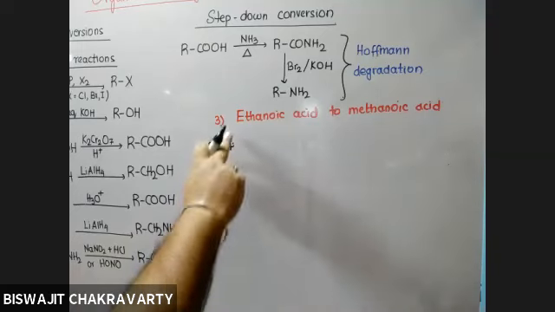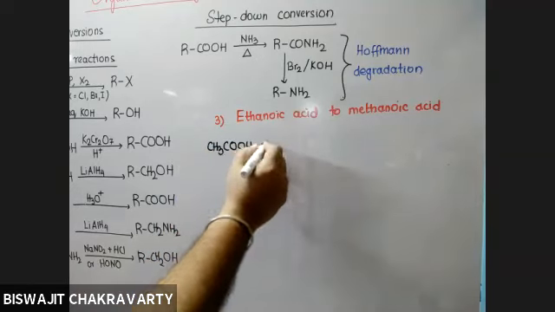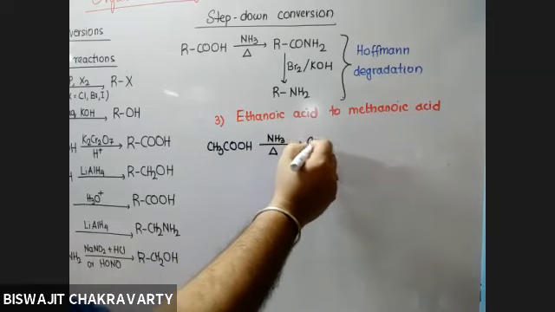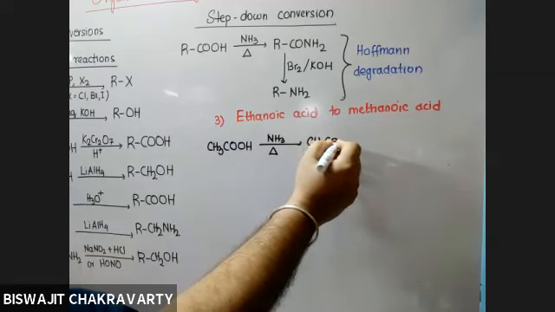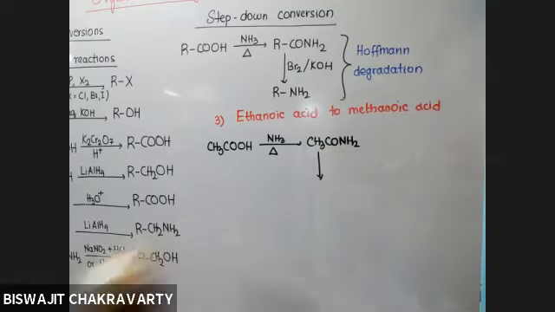Ethanoic acid formula is what? CH3COOH. What should I add next? Br2 KOH.